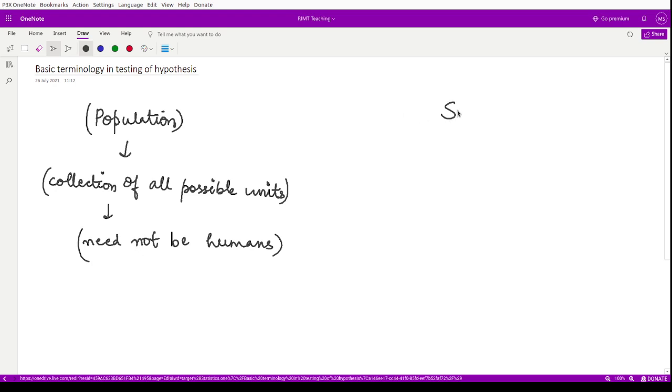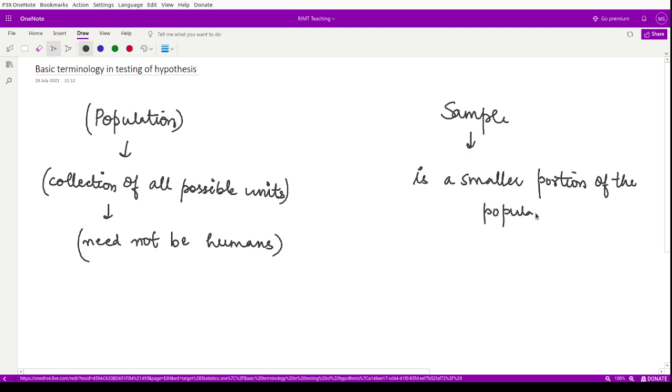And another thing that we have is sample. So sample is a smaller portion of the population. Right. So what are the parameters that we may use for population?